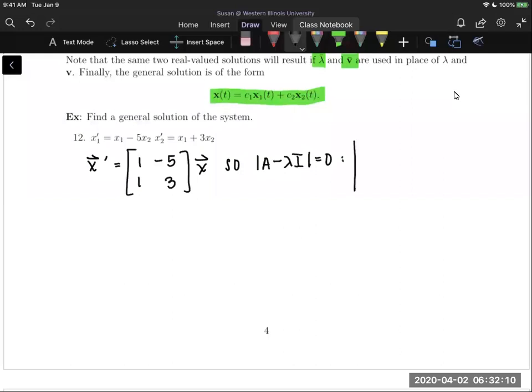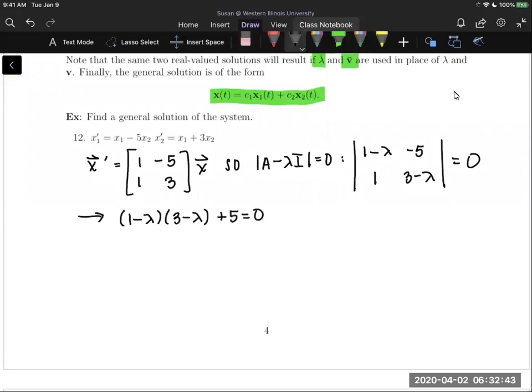That would become the determinant of [1 minus lambda, -5; 1, 3 minus lambda] equals 0. So remember, the identity matrix has 1s along the diagonal and 0s elsewhere, which is why I'm only subtracting lambda off the diagonal. So if I set up my characteristic equation, this is (1 minus lambda) times (3 minus lambda) minus a negative, or plus 5, equals 0.